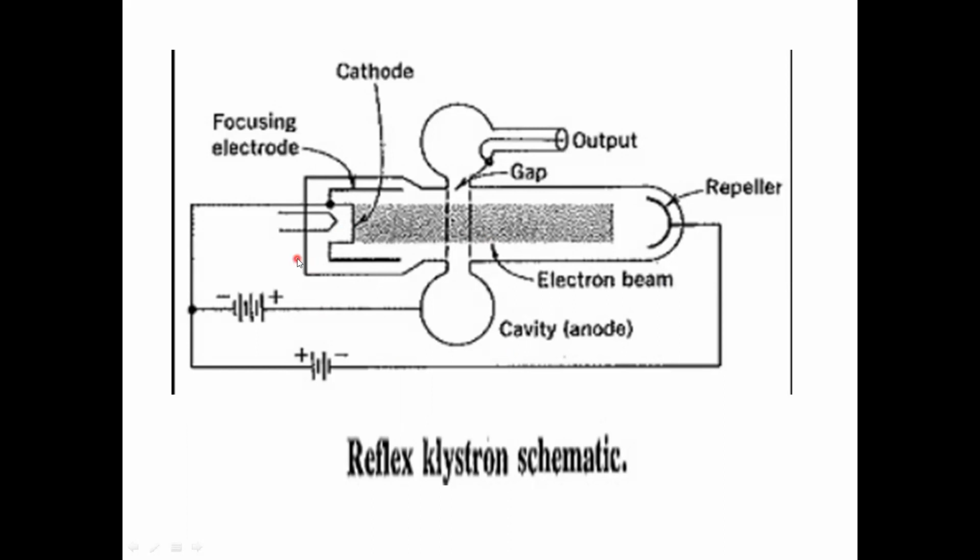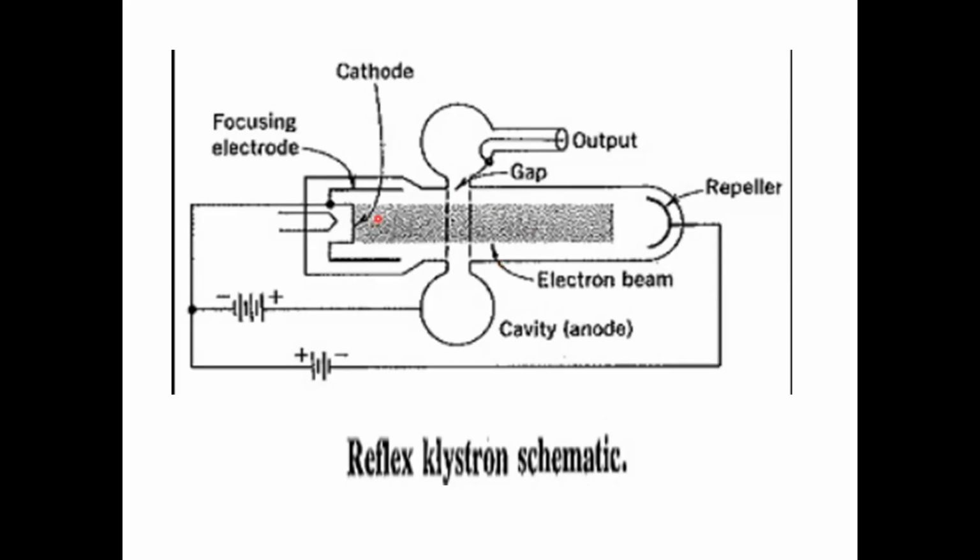The electrons never reach the repeller because of this negative field, so they turn back to the gap. Until suitable conditions are met, electrons give more energy to the gap, so that the oscillations are sustained.